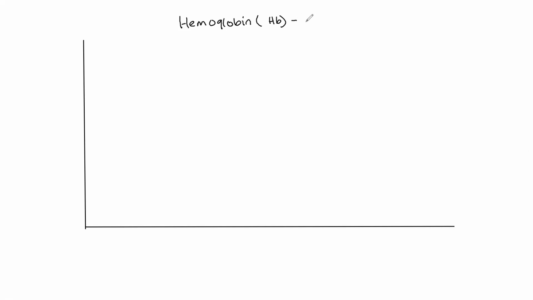All right, so we're looking at the hemoglobin oxygen dissociation curve, which is basically how oxygen interacts with hemoglobin in terms of the binding of those 4 oxygens.